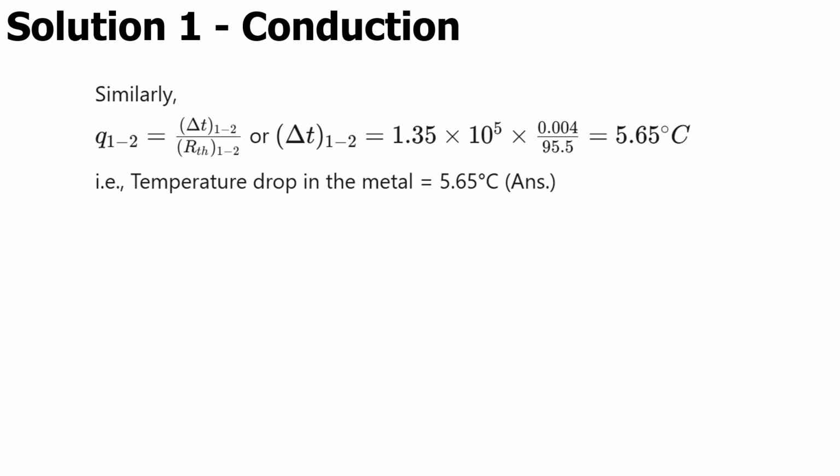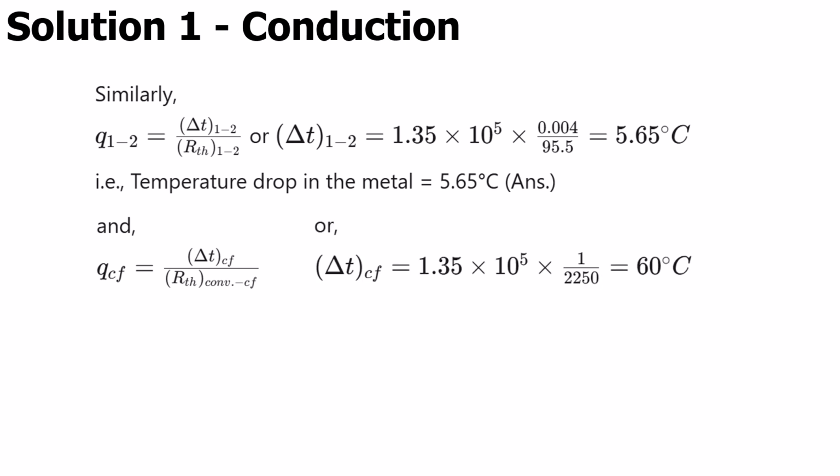And finally, the temperature drop in the water film, we get this by having Q equals delta T_CF divided by the convective resistance on the cold fluid side. So substituting the values and calculating, we get the temperature drop in the water film to be 60 degrees Celsius.